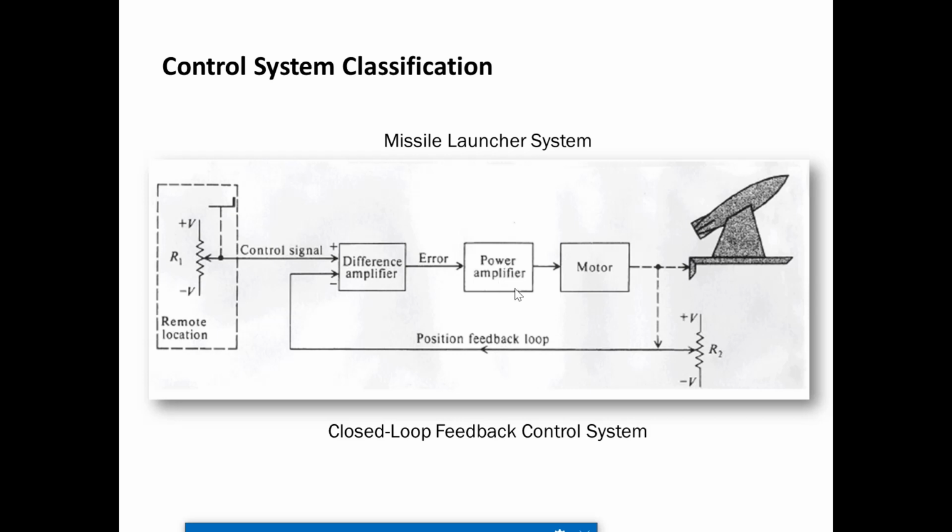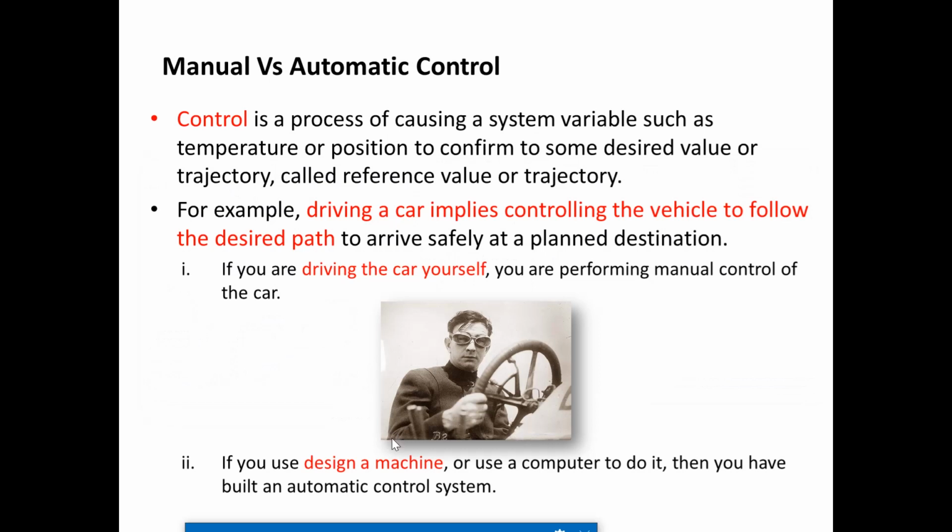From the power amplifier, the desired amplified signal will be sent to a motor, and again the motor or the actuator will launch this missile to a desired distance. That output signal again we are going to take through a feedback, and again we are going to give it to a differential amplifier, right? So this is about the missile launcher system based on a closed loop control system.